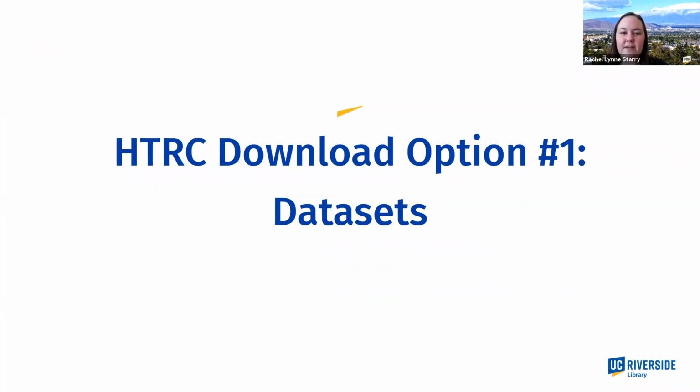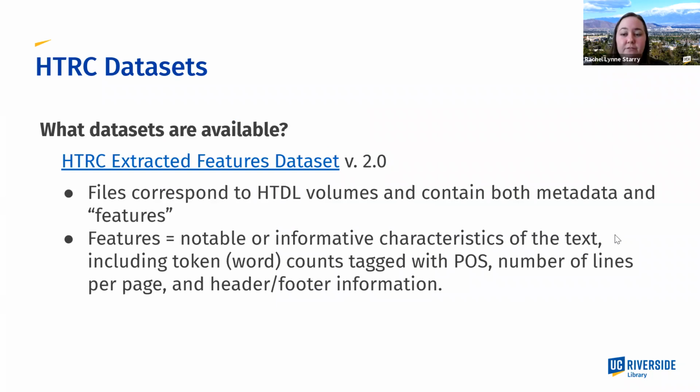And then HathiTrust provides a couple of data sets for you to download. This is where the fourth algorithm comes into play. The fourth algorithm is the extracted features download helper, and that's going to help you select subsets of this really fantastic extracted features data set. This data set, I believe, is 4 terabytes in total, so it's not something you can just download and play with, or it would take a very long time.